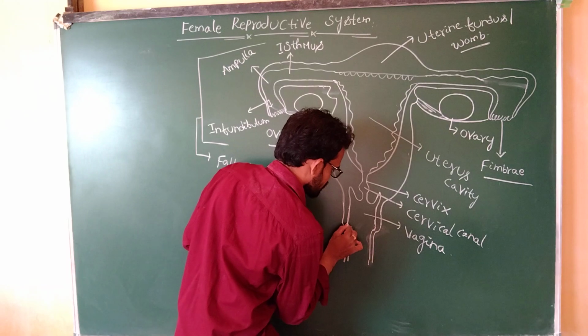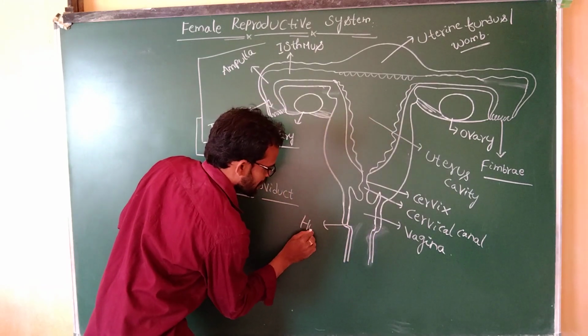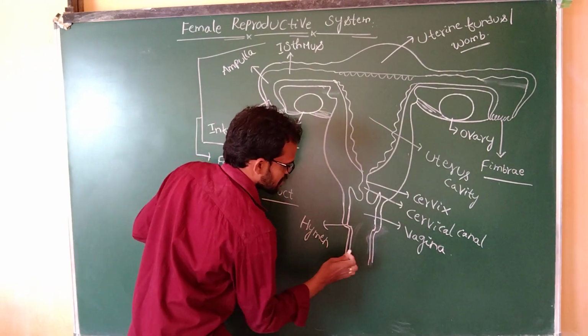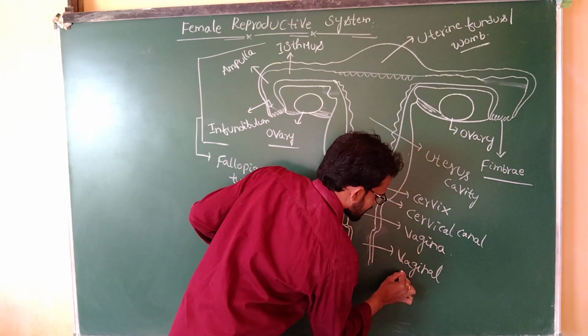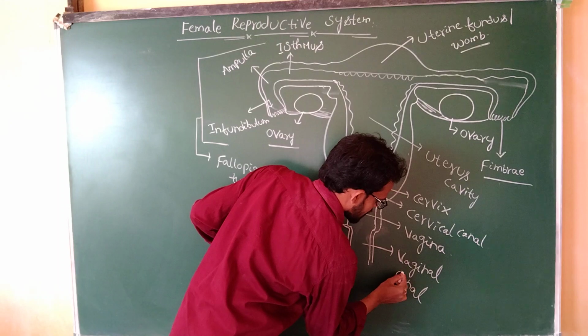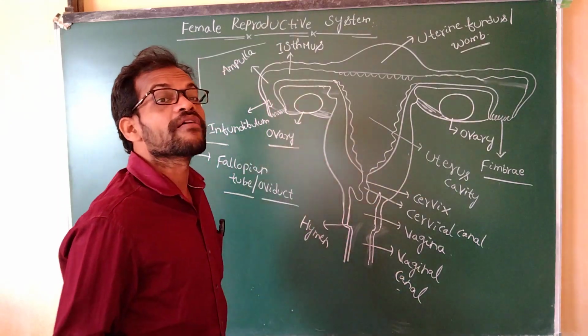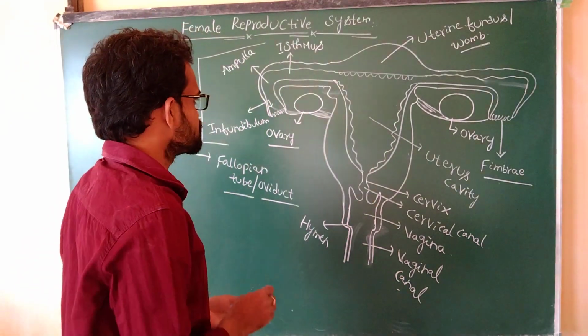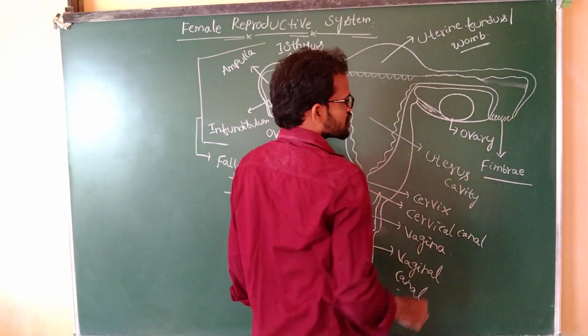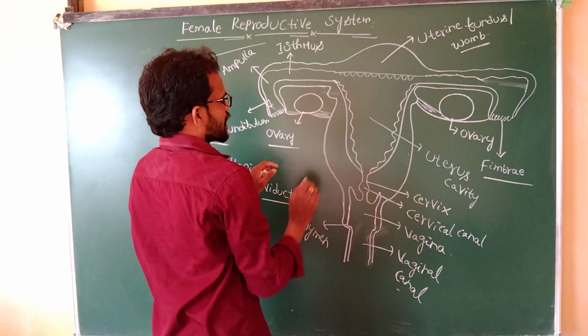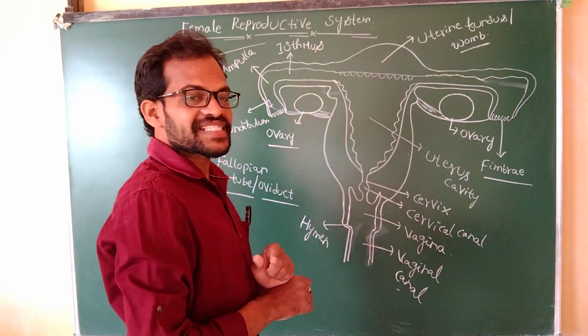This indicates the hymen, and the vaginal canal or vaginal orifice. Come to the next one. This finger-like portion is known as the fimbriae. Okay, the next one: the uterus cavity or uterus part.